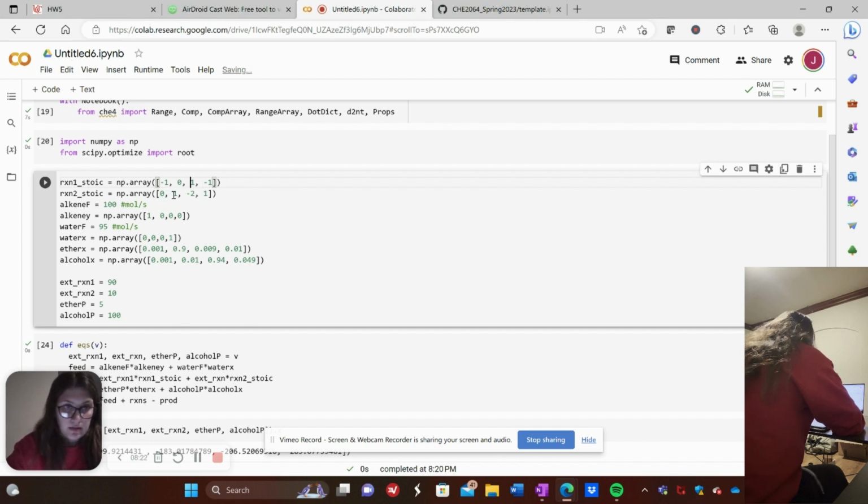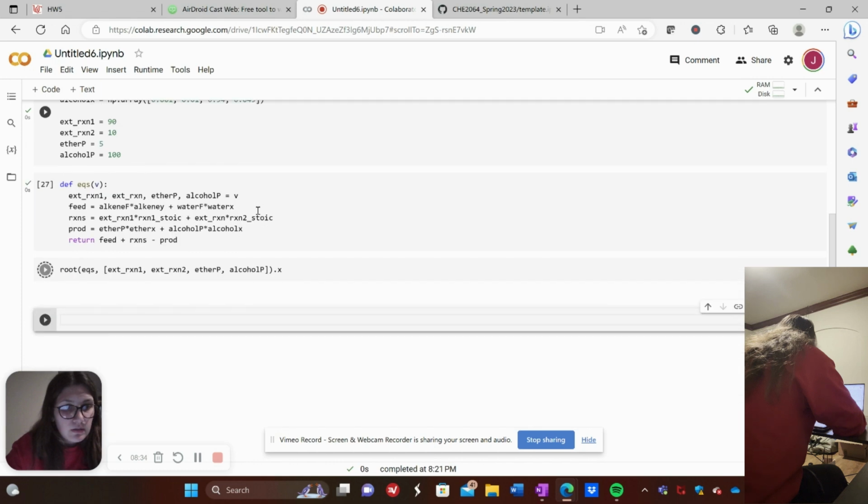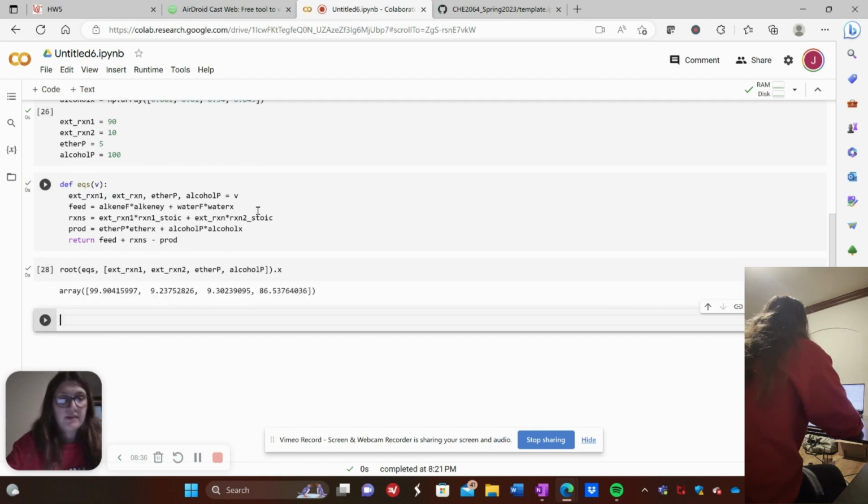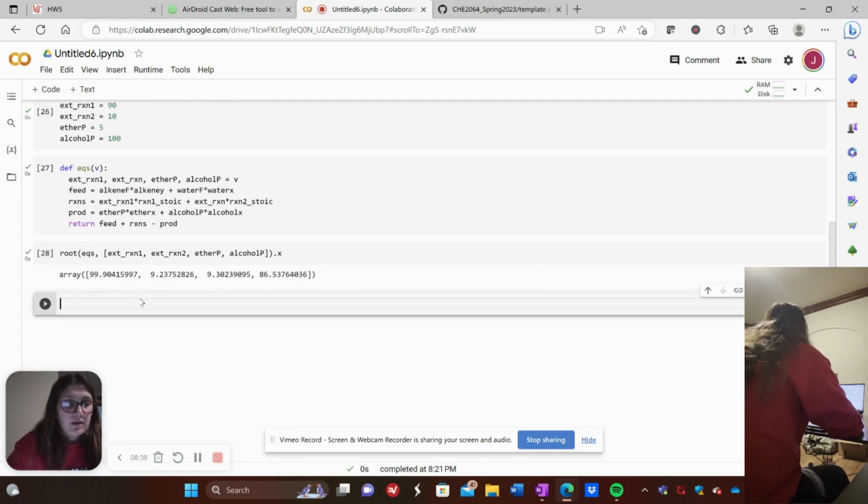None of that. This was our ether, so that was a product. Alcohol was a reactant. Okay. There we go. Now we have the right answer. So now we have the values for our extent of reaction 1, extent of reaction 2, and the amount of ether and alcohol product.